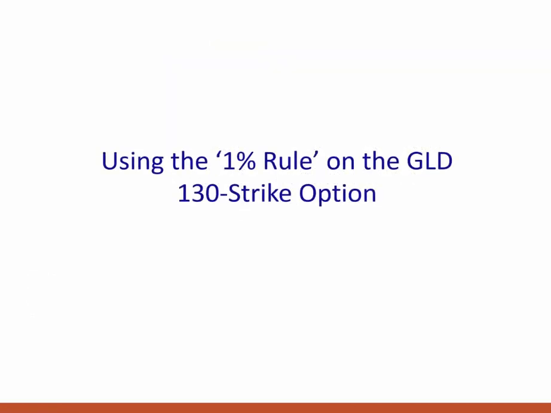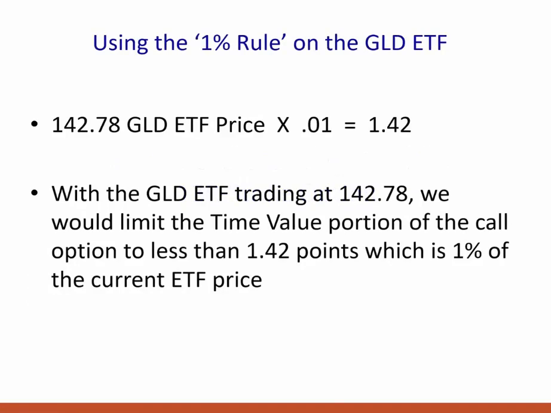So let's use the 1% rule on this 130 strike call, and 1% of the ETF price of 142.78 would be $1.42. So in order for the strike price to qualify for the 1% rule, the time value portion of the option would have to be less than $1.42.